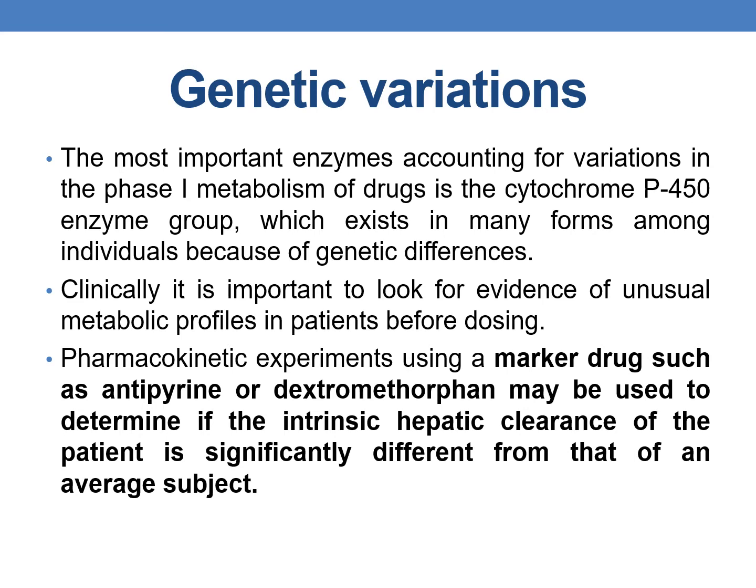Pharmacokinetic experiments using a marker drug, for example antipyrine or dextromethorphan, may be used to determine if the intrinsic hepatic clearance of the patient is significantly different from that of an average subject.